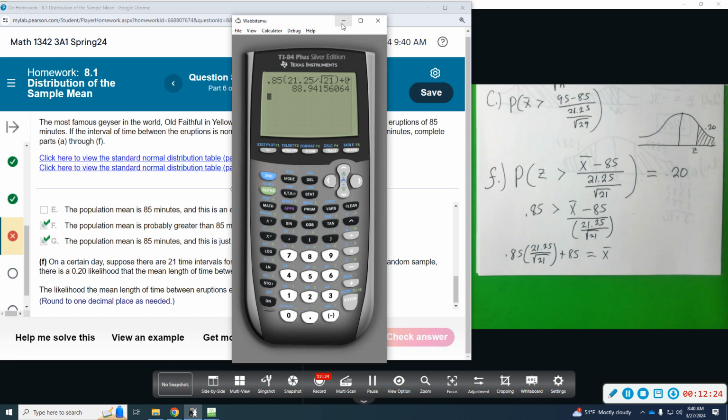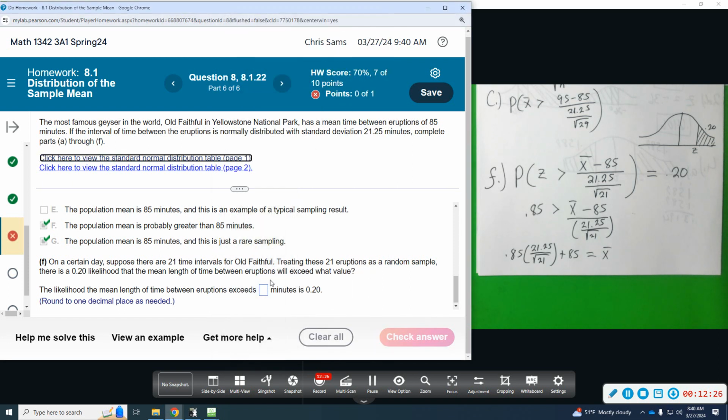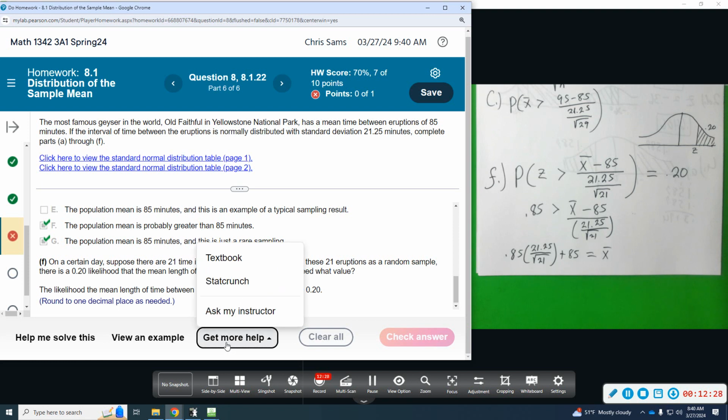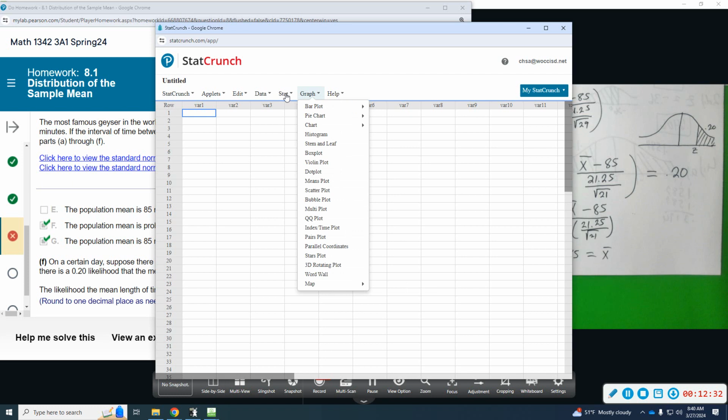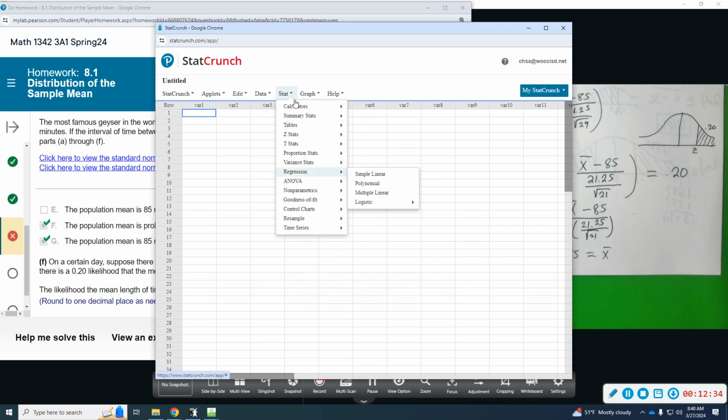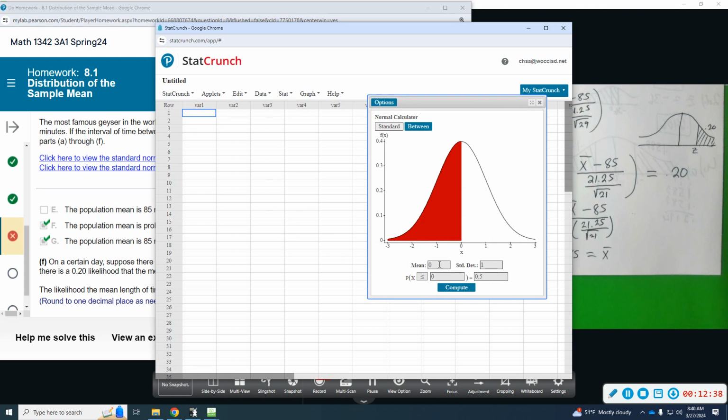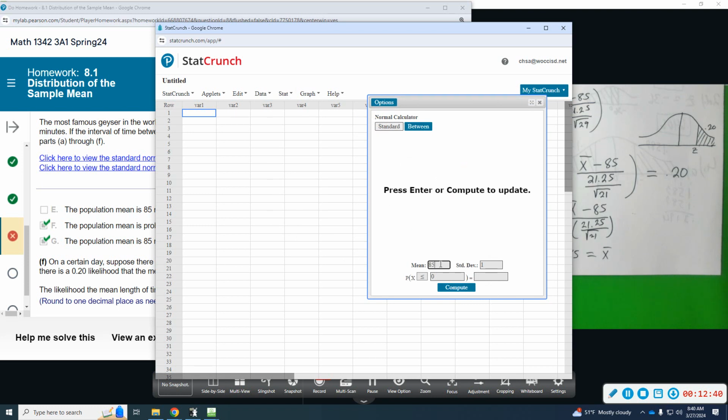Now, if you want to test that, you could pull up StatCrunch, go back to calculators, normal, and put the mean of 85 in there. Standard deviation, 21.25 divided by the square root of 21, since we had 21 for the sample size in this problem.